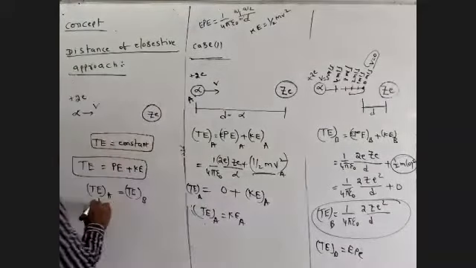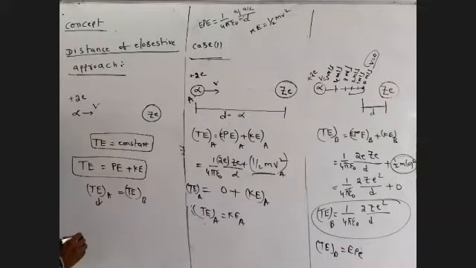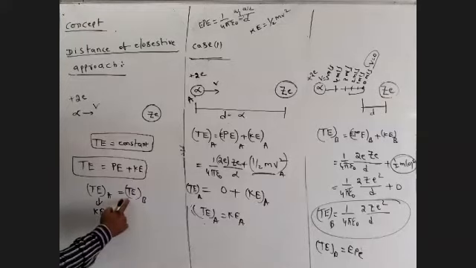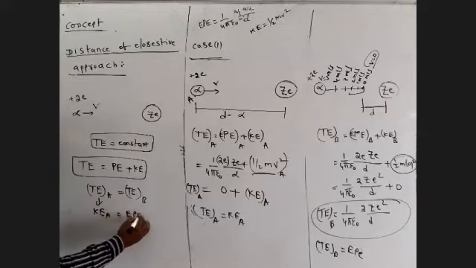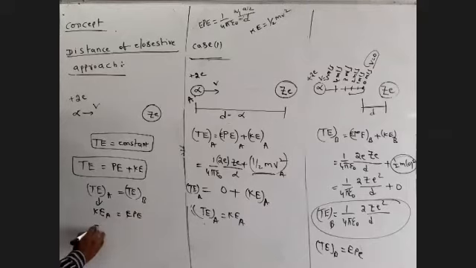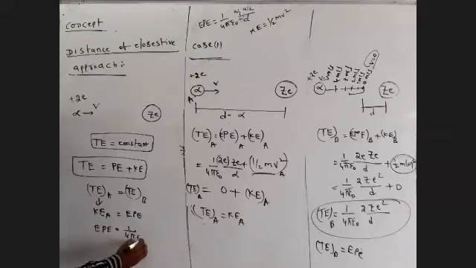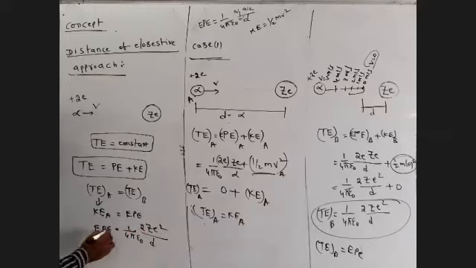So the total energy at A is the kinetic energy, and the total energy at B is the electrostatic potential energy, which is 1 by 4 pi epsilon naught into 2 Z squared by D. This electrostatic potential energy is equal to the kinetic energy.